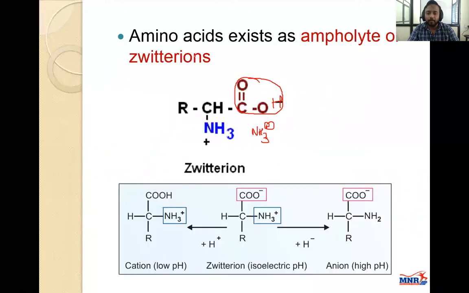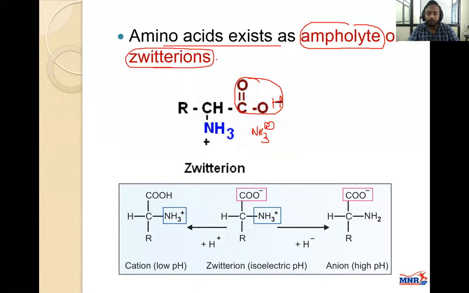As I mentioned, the amino acids exist as ampholytes, or they are also called Zwitter ions. The term Zwitter ion is a 3-mark question. You should be able to write what a Zwitter ion is. Under a particular pH, as you can see in the picture, in this Zwitter ion you have both the charges at the same time.